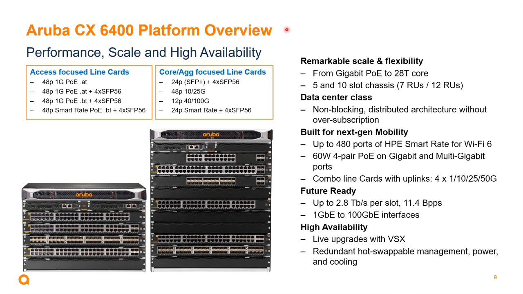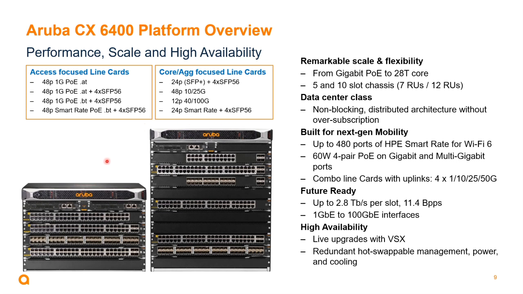So now that we've gone over some of the scale and extended tables, as well as some of the features available in version 2, let's round this off by providing a bit more of an overview around the 6400 V2. Remember, we've got 8 line cards, 4 focused around the access, another 4 focused around the core aggregation.